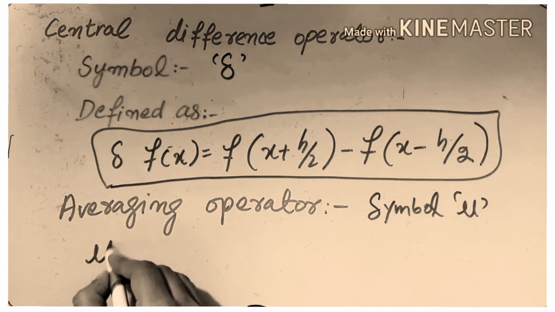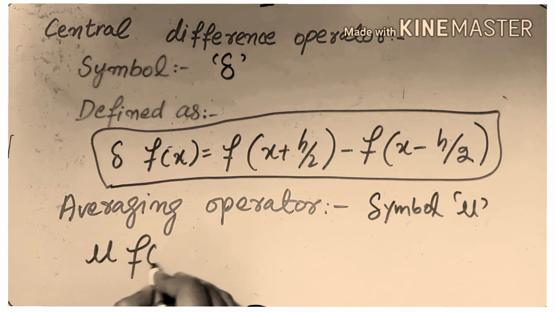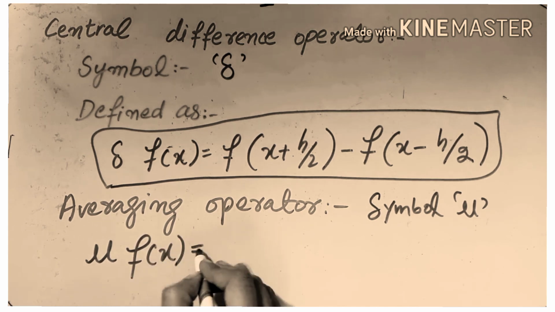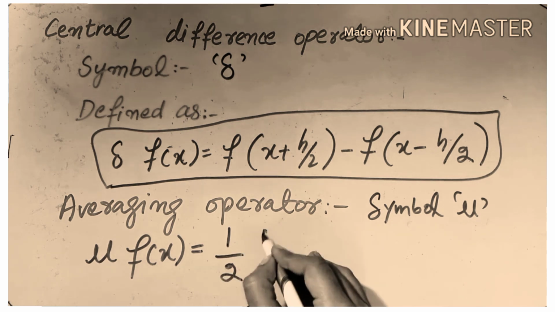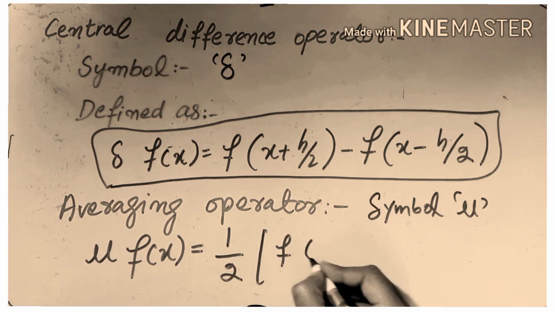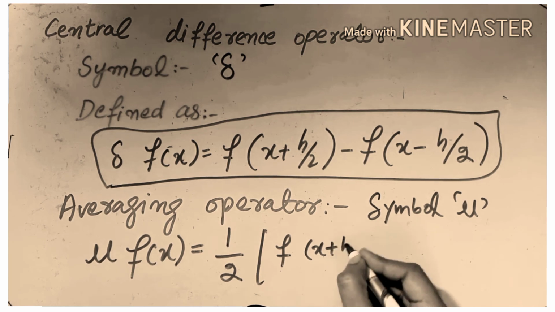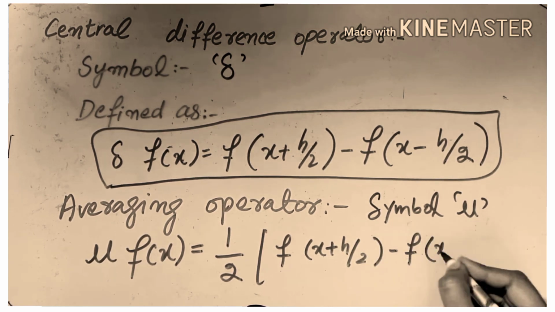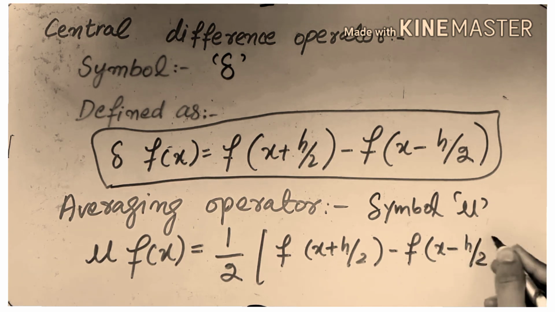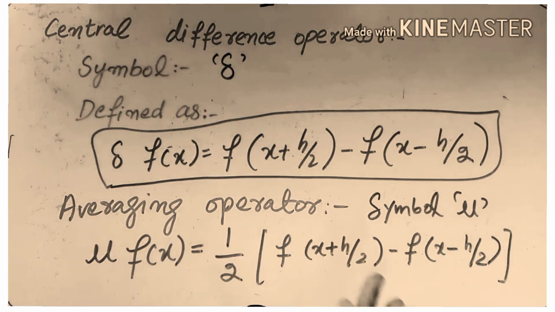If we apply the averaging operator on f of x, it becomes half, 1 by 2, of f of x plus h by 2 plus f of x minus h by 2. So that's how it works.